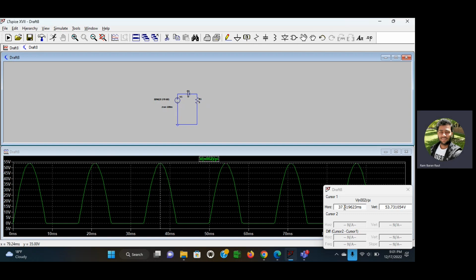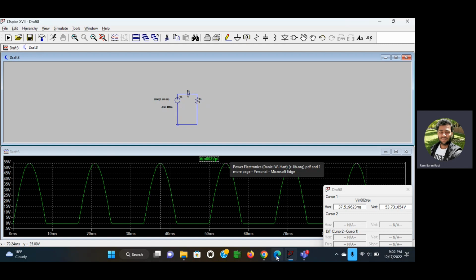So how much we have, 168.8 divided by pi. So we can get 53.73, which needs to be divided by the square root of 2. So we can get almost 38 volt. The square of that divided by 5.